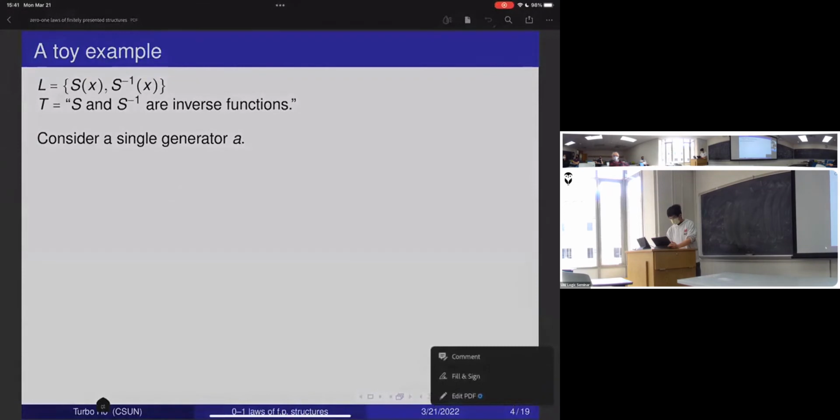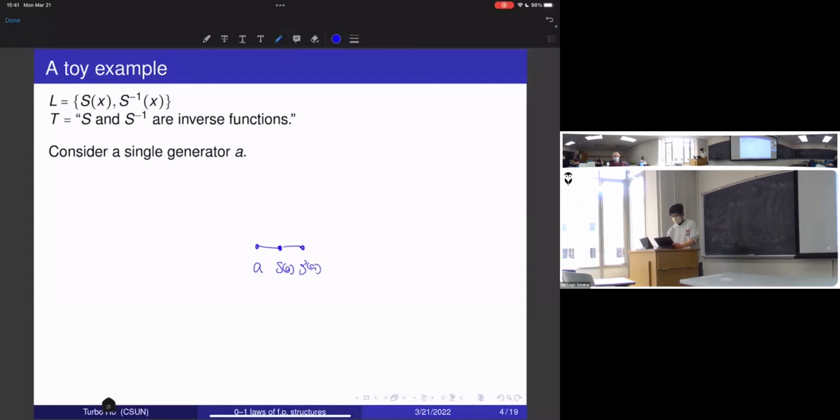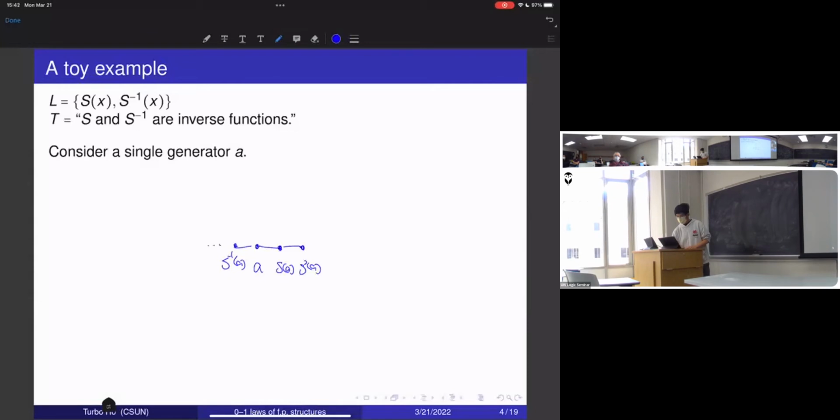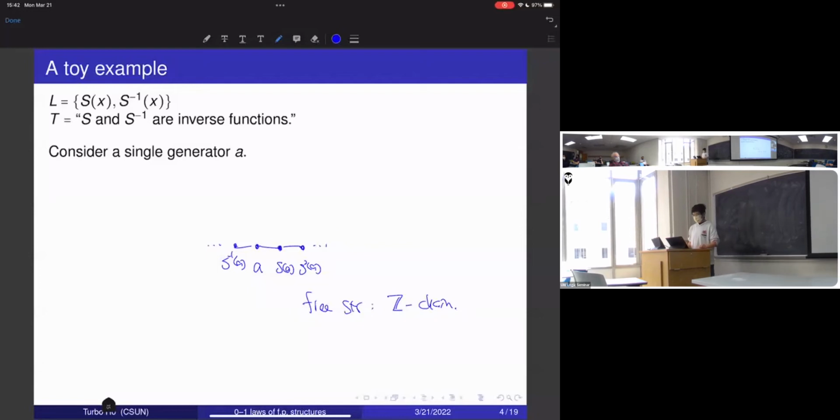So you're going to have this A over here, and then of course you have S of A, and then S squared of A, and then S inverse goes in the other direction. So you have S inverse of A and so on. Basically the free structure here is really just a Z shape. Okay, so that's straightforward.